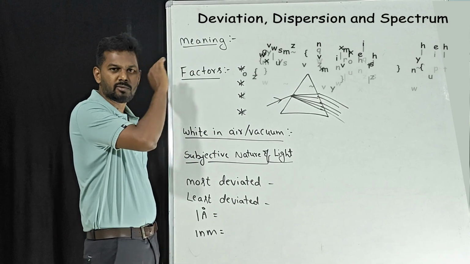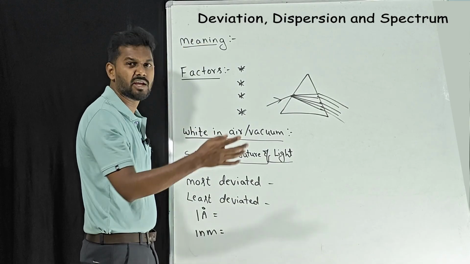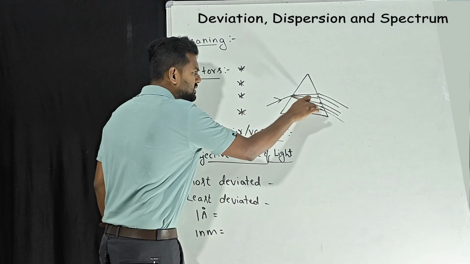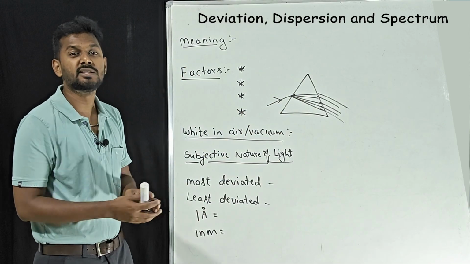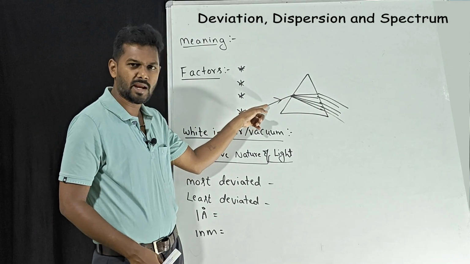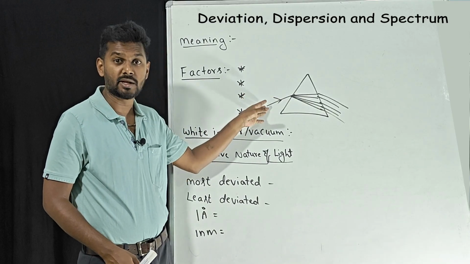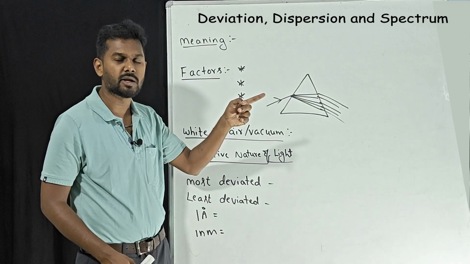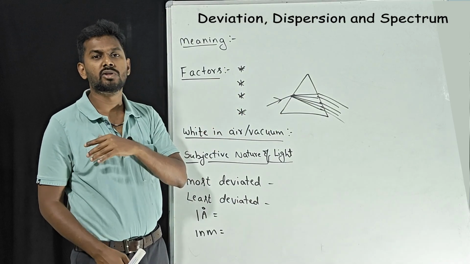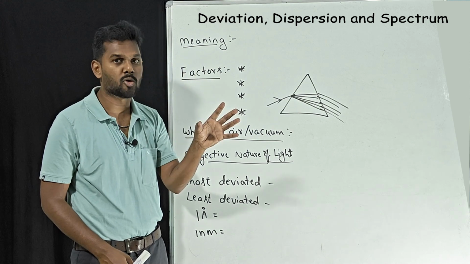See, one more time the complete 3 definitions. Deviation means whenever light is incident, it changes its angle after refraction, right? This is called deviation. Now we'll talk about dispersion. If a light is given, polychromatic light, not monochromatic, keep this in mind. Monochromatic means single color, it cannot split into other colors, so there will be no dispersion in monochromatic.